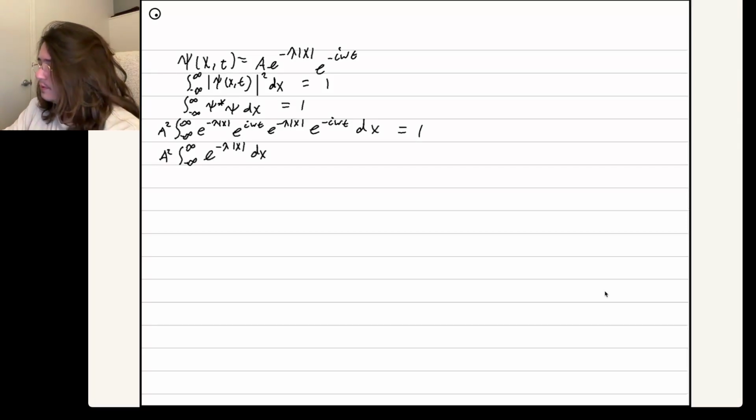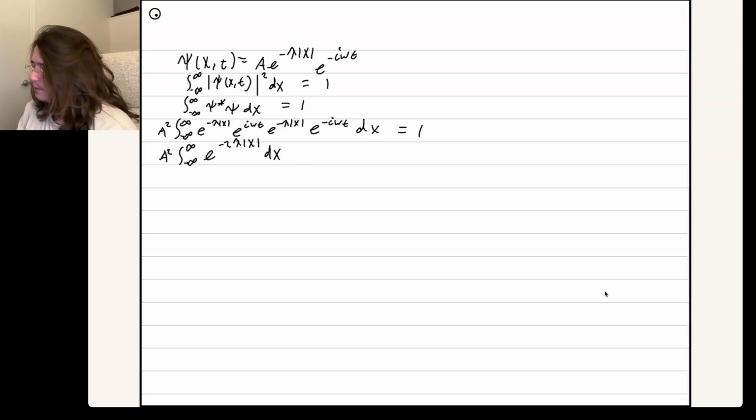That integral has a standard form. It results in 1 over lambda.